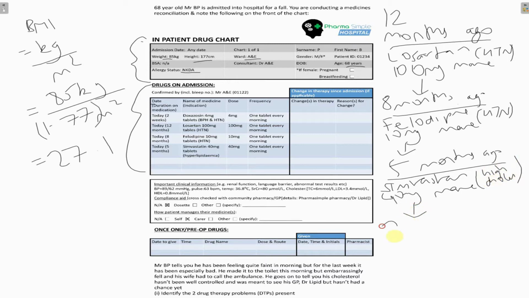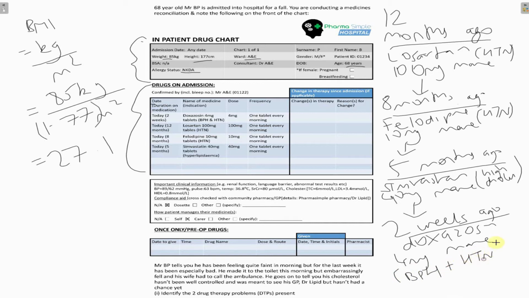And then finally, 2 weeks ago, they were started on doxazosin, 4 milligram every morning, and that's for BPH, benign prostatic hyperplasia, that's enlarged prostate, and hypertension. So we've got that to refer to now, and it makes it a lot easier.